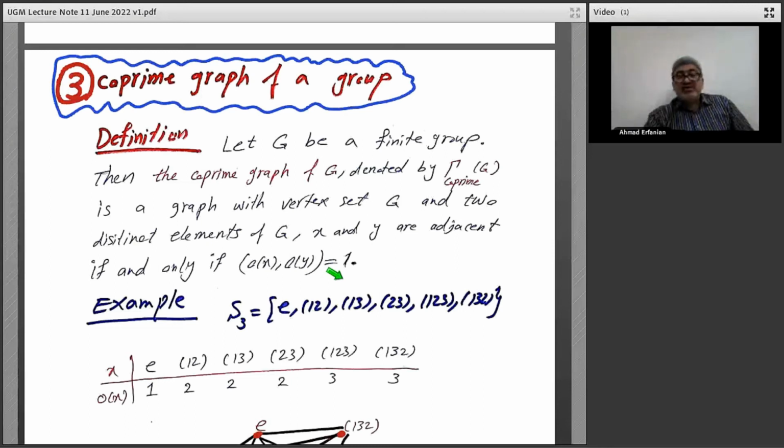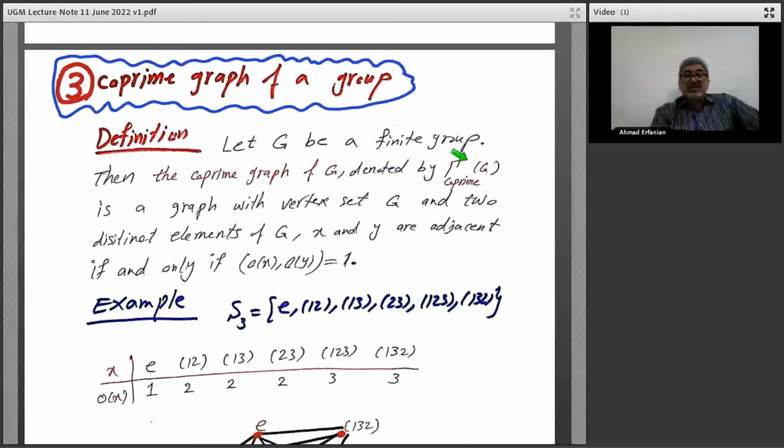You remember I defined co-prime degree as one of the probabilities. So suppose that G is a finite group. The co-prime graph of G, which we may denote by gamma co-prime of G, is an undirected simple graph.